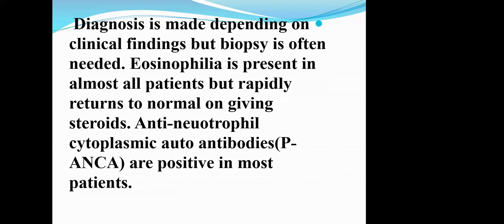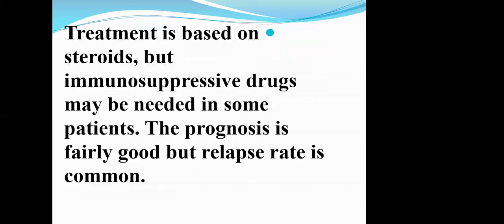Okay, the anti-neutrophil cytoplasmic autoantibody is the perinuclear type, p-ANCA. Treatment is based on steroids and sometimes immunosuppressive drugs can be added.